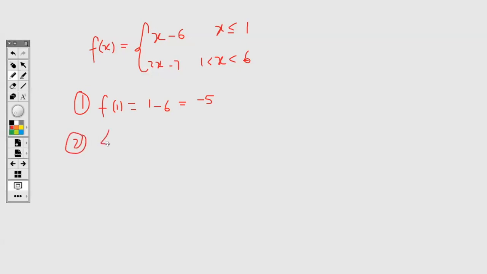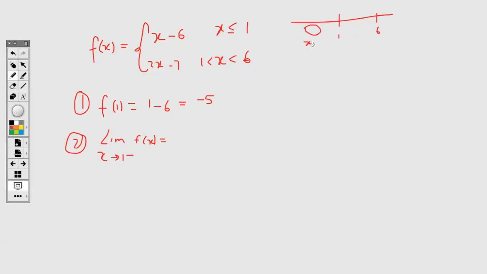Next, I have to find the limit as x tends to 1 coming from the left for the function. Now, you can always draw the number line, have your 1 and the 6. And x less than or equal to 1 will be on this side.